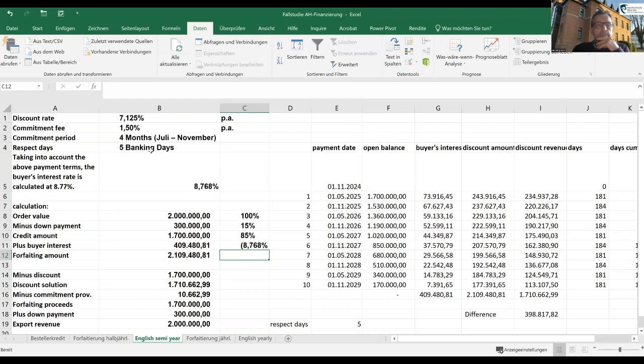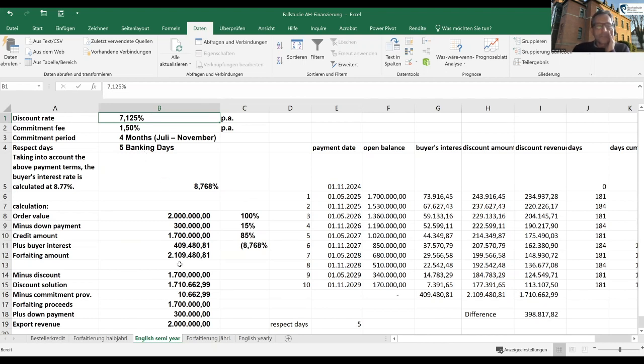So same figures. So I made one mistake. It's not 7% the discount, but 7.125, the exact one. And here again, some very special aspects. I don't want to explain the whole of it because it's a little bit too complicated.